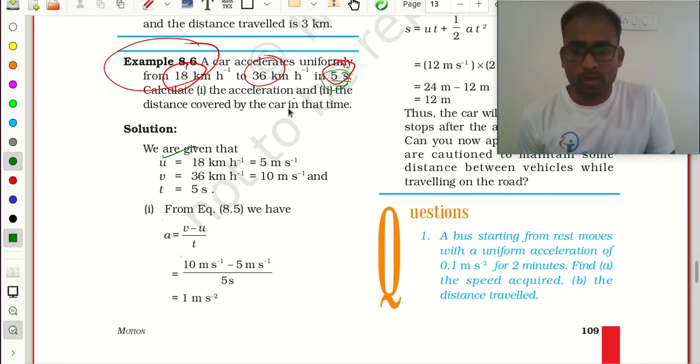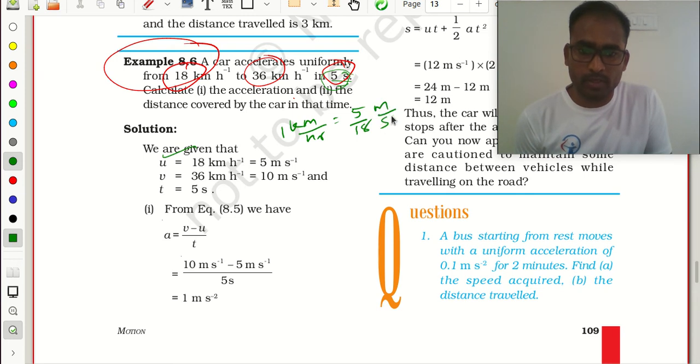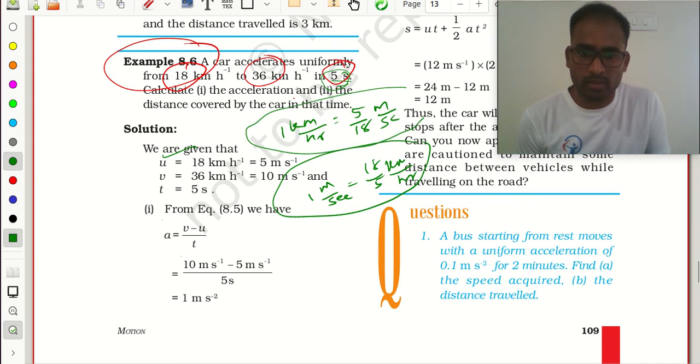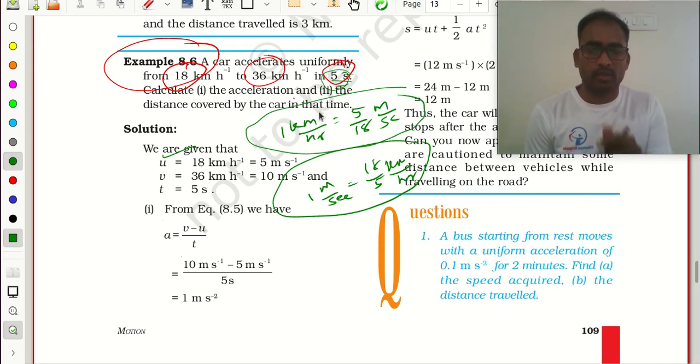You know, right? 1 kilometer per hour is equal to 5 by 18 meter per second. 1 meter per second is equal to 18 by 5 kilometer per hour. These are the two relations to change between kilometer per hour and meter per second.